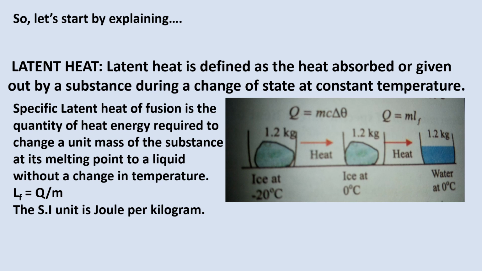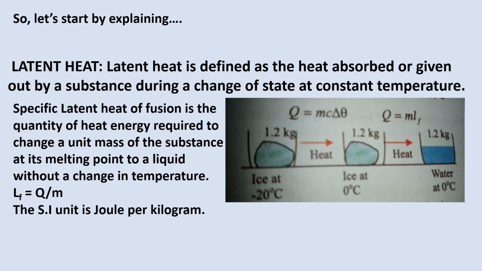Latent heat is defined as the heat absorbed or given out by a substance during a change of state at constant temperature, while specific latent heat of fusion is the quantity of heat required to change a unit mass of the substance at its melting point to a liquid without a corresponding change in temperature.